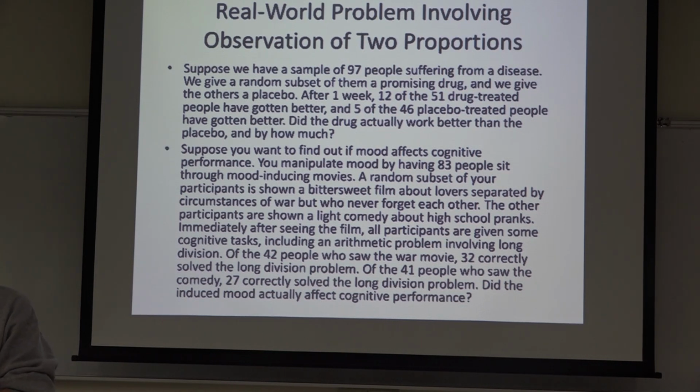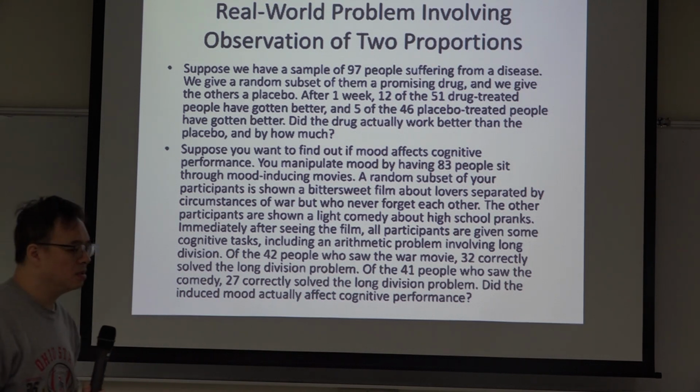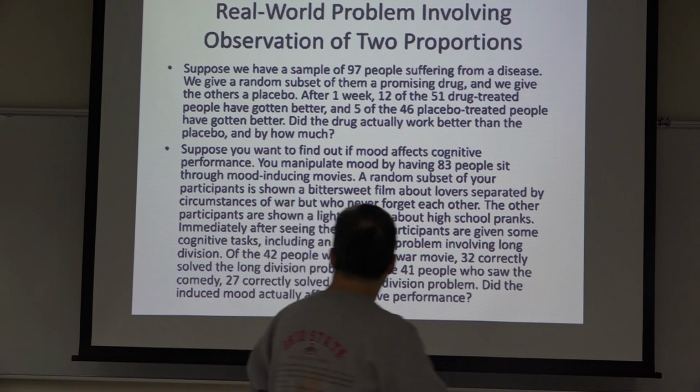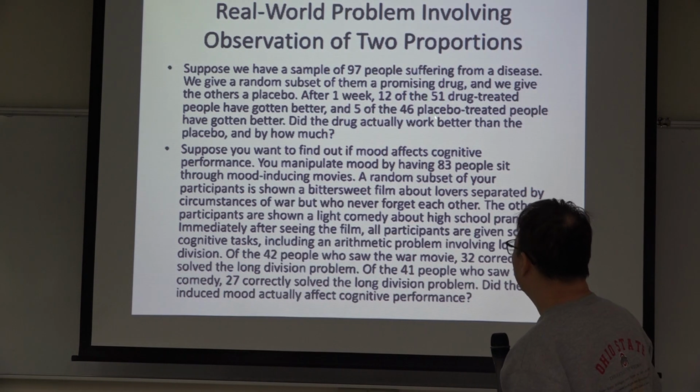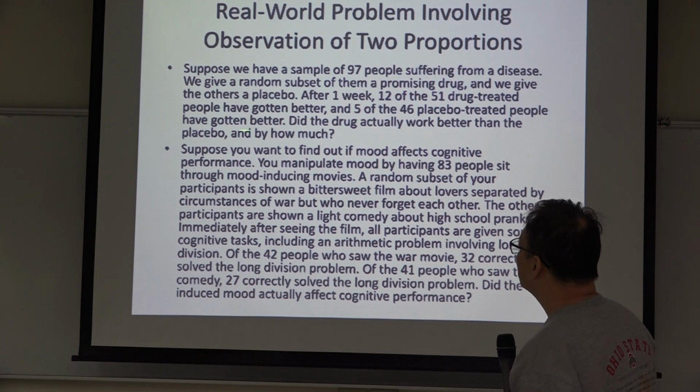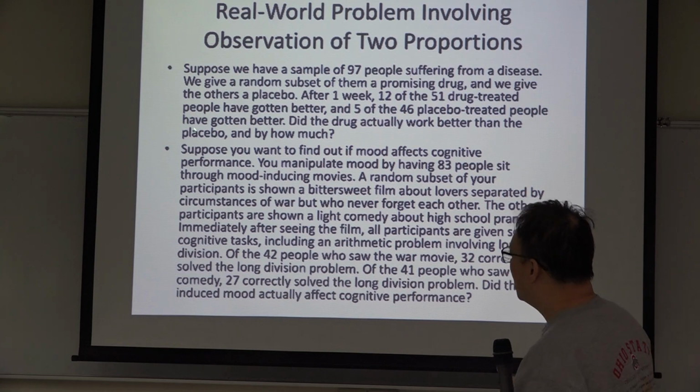The second group we give placebo. I already explained to you what placebo means. After 1 week, 12 of 51 drug-treated people have gotten better, and 5 of the 46 placebo-treated people have gotten better.